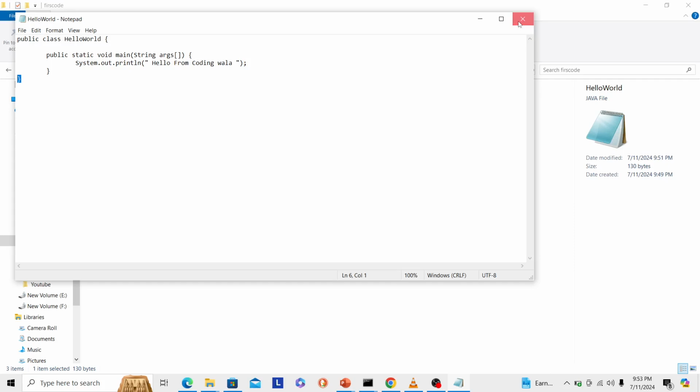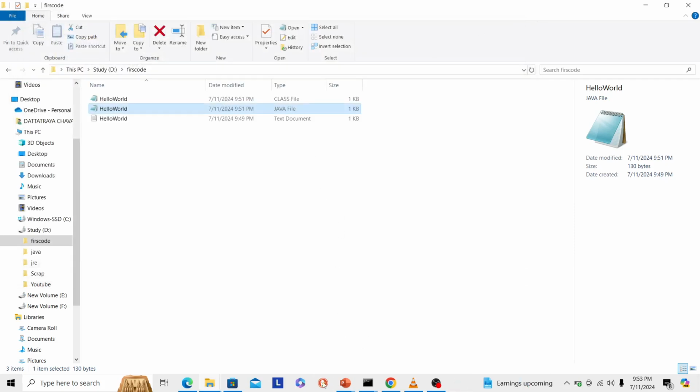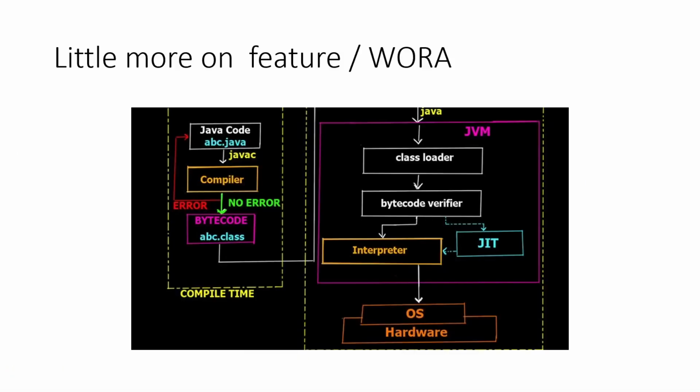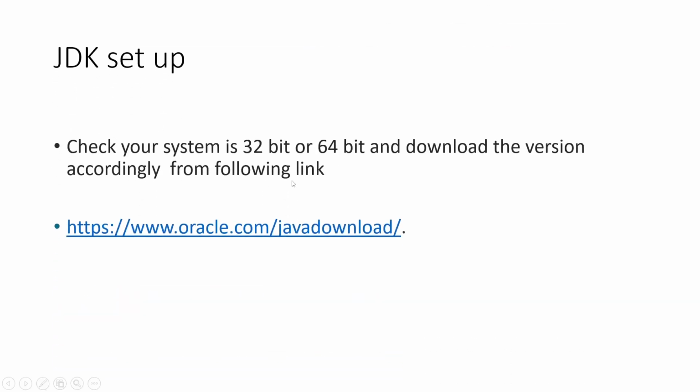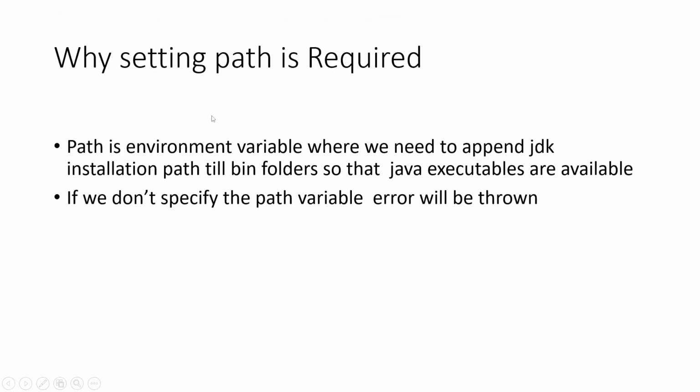This is just for the sake of checking the Java installation is correct, and that we are able to execute a very simple straightforward Java code. We have just done one more step here, like setting the path. Now why that path is required, let's look into the next slide.